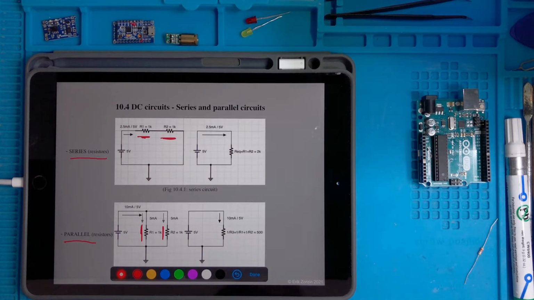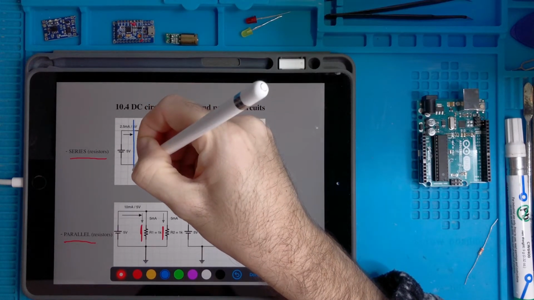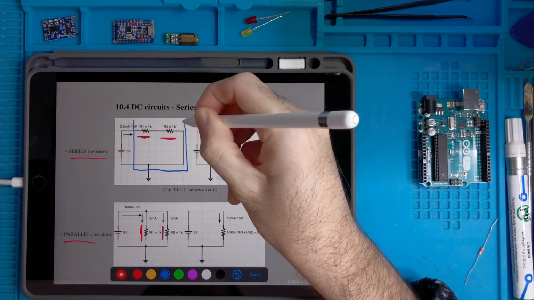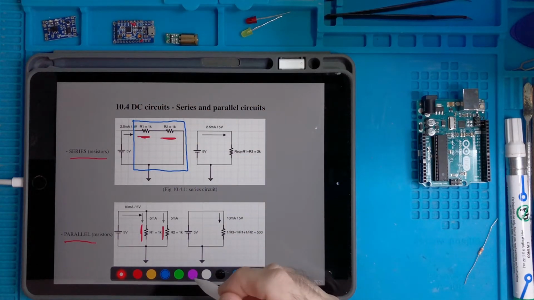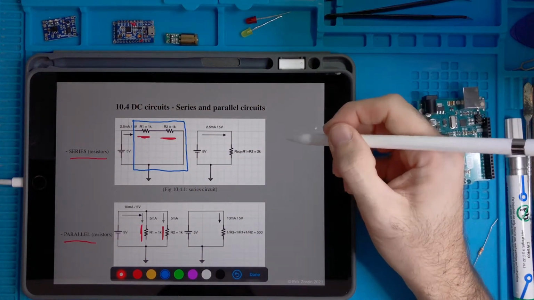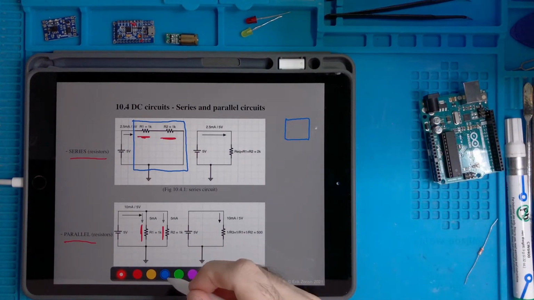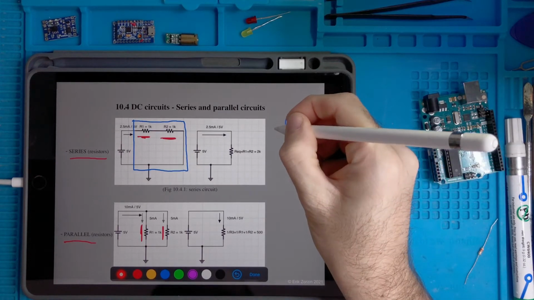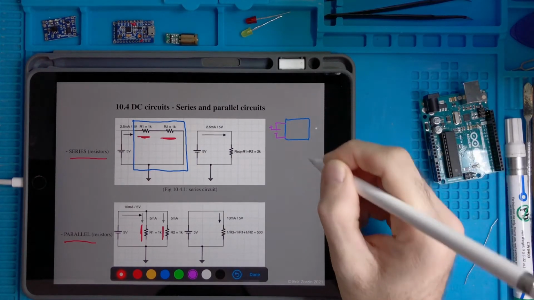One question that we can think of is the following. Let's say that this thing here is a black box. So I draw it here, something like this, and we have a battery, positive pole, negative connected to this.